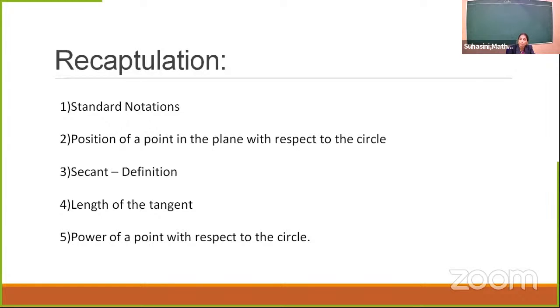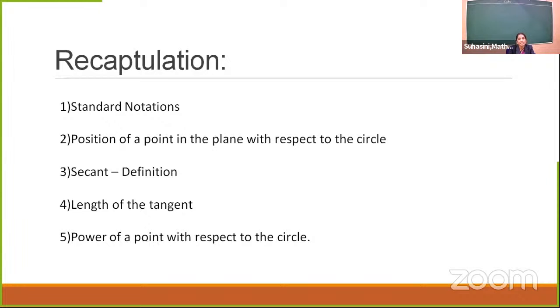That depends upon the distance CP between P and the center of the circle. How is this distance CP related to R: whether CP is less than R, CP is equal to R, or CP greater than R.